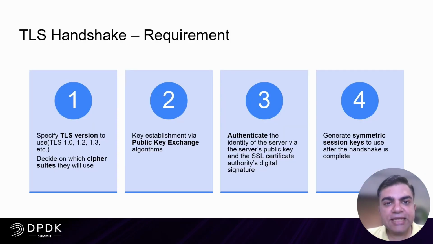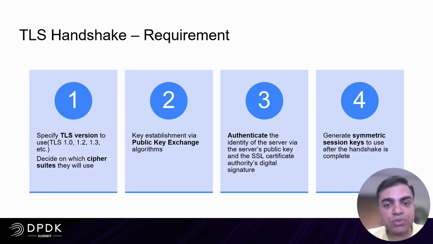Since TLS is a communication between a server and a client, we need to have a handshake or a negotiation between them. The handshake protocol basically addresses four major requirements needed to have a reliable connection between the server and the client. First is to specify which version of TLS or DTLS will be used and decide which cipher suites and algorithms are compatible between them.